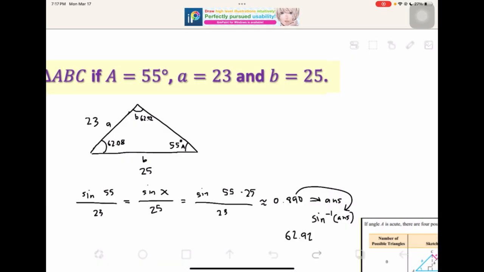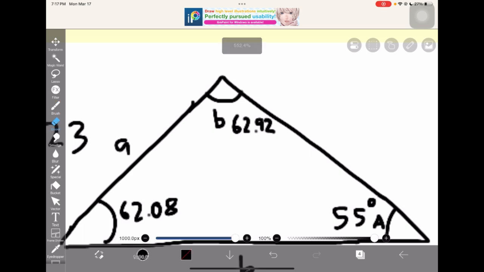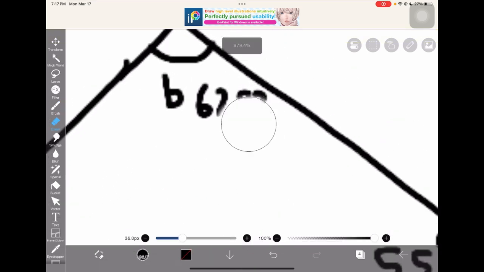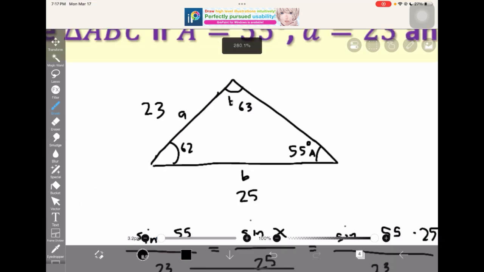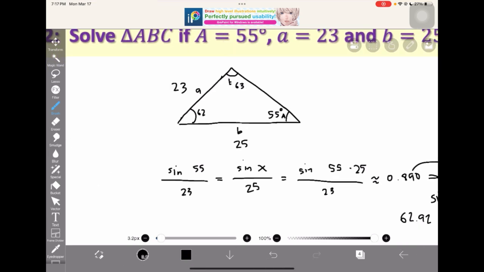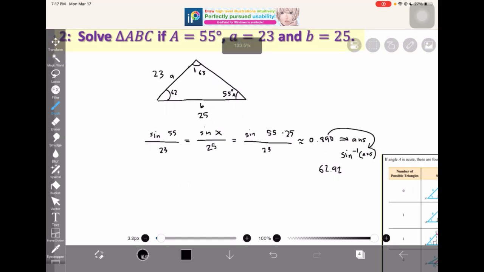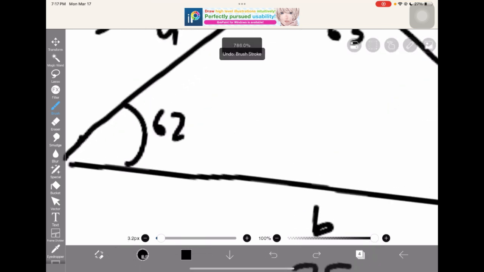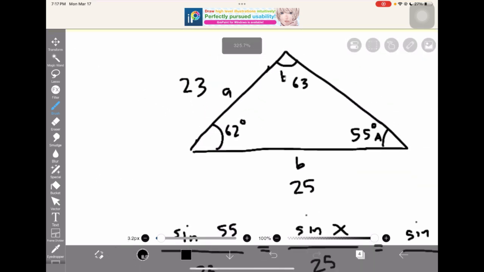Okay, first and foremost, to make things easier, let's round off these numbers. This will become 62, and this will become 63. I'm pretty sure we can do the same, this is what the instructions told me, so I'll go by that. First and foremost, we can obviously solve this as our first answer. 62 is over there. But how do we get the second answer then?